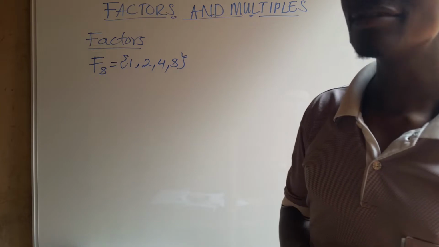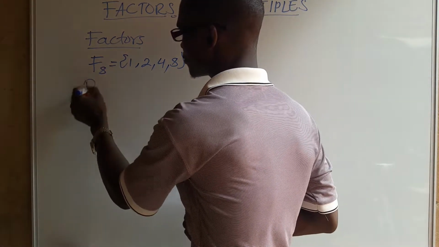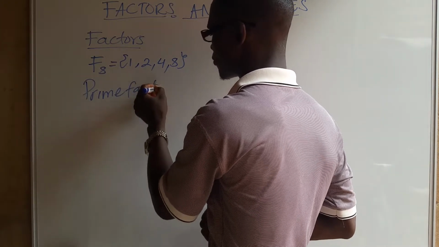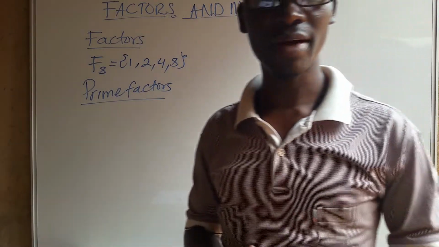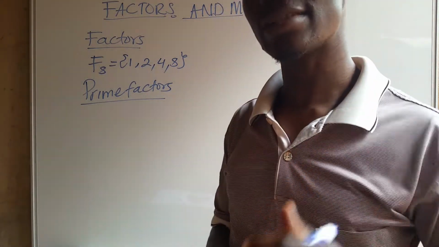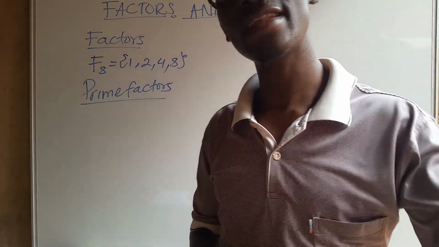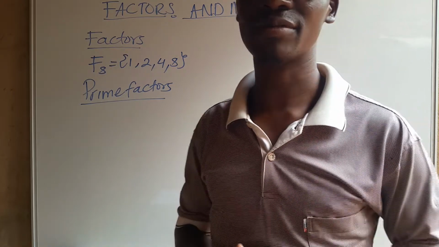We also have what we call the prime factors. Prime factors of a number are the factors which themselves have no other factors except 1 and themselves.